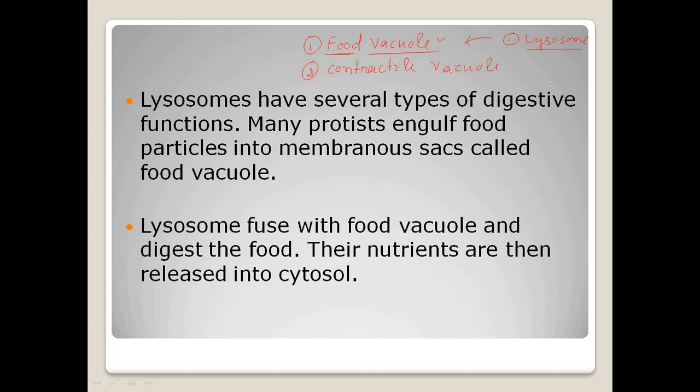After some time, the food vacuole along with the food breaks down, and the digested food mingles in the cytoplasm, so that the necessary nutrients easily diffuse in the cytoplasm and help in different cellular activities.